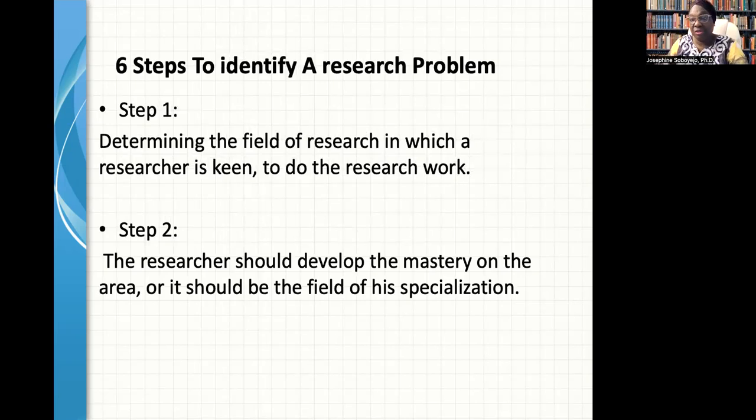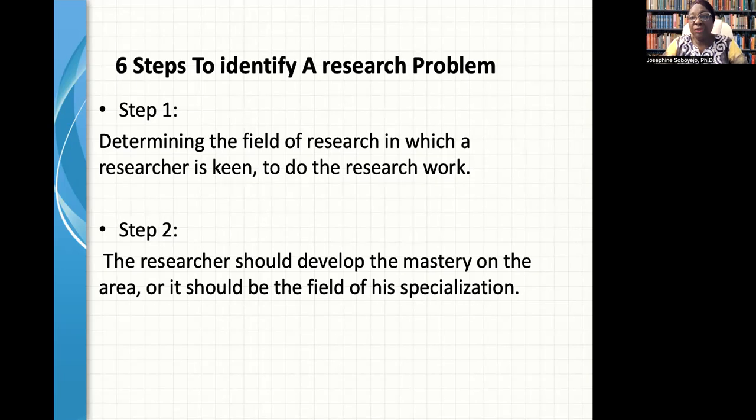The 6 steps you need to know before identifying your research problem include step 1, determining the field of research in which a researcher is keen to do the research work.